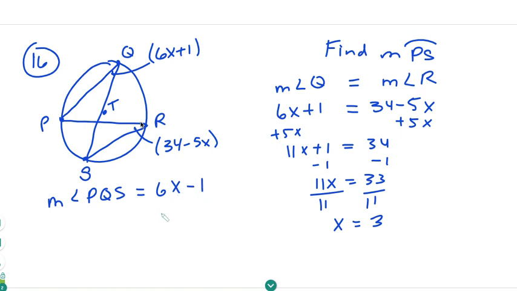So that's going to be 6 times 3 minus 1. Sorry, this is a plus, this is a plus. So 18 plus 1 is going to give us 19.